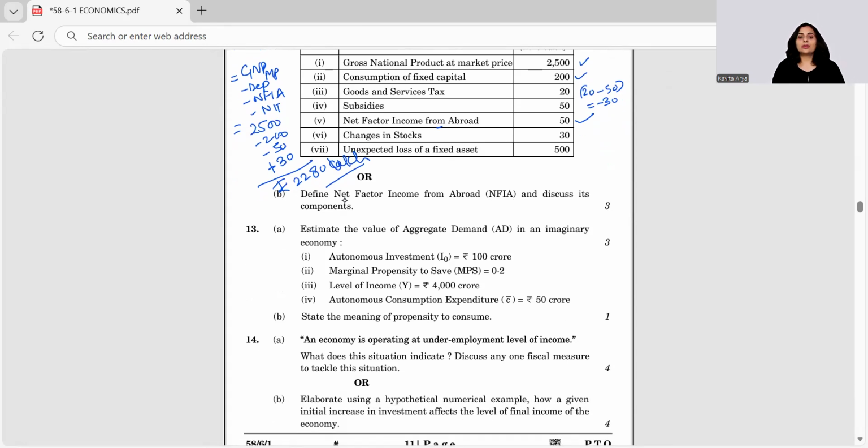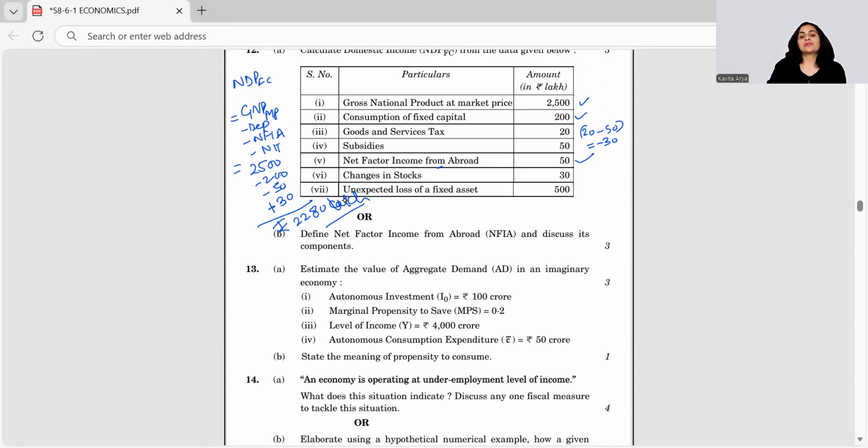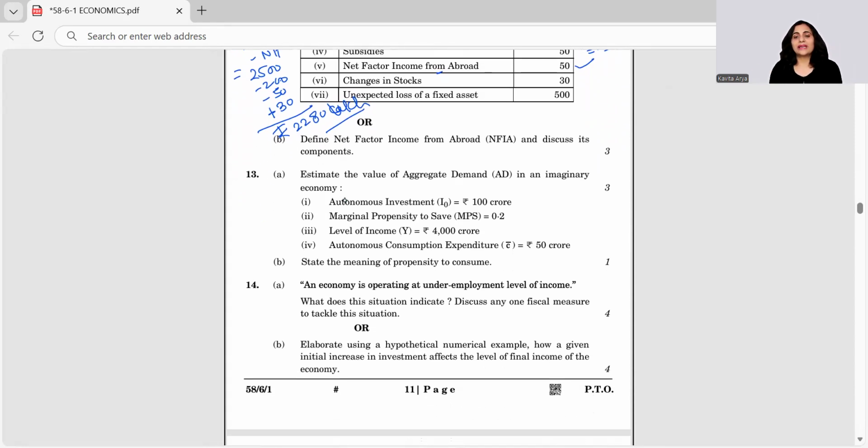Then you have in the OR section: define net factor income from abroad and discuss its components. There are three clear components which are given clearly in the books. NFIA has first component net compensation of employees, net income from property and entrepreneurship, and then you have net retained earnings.